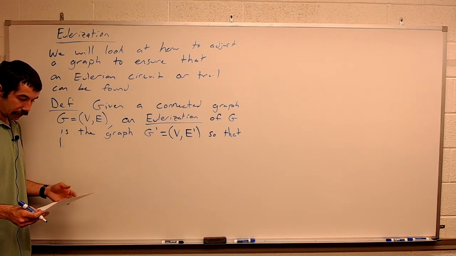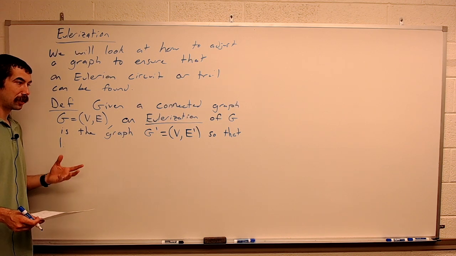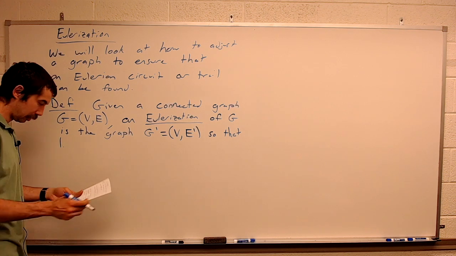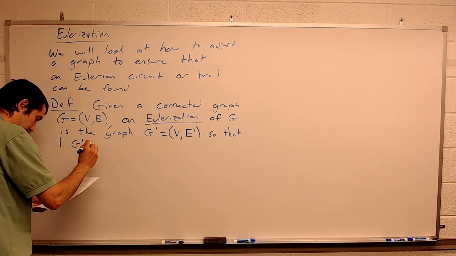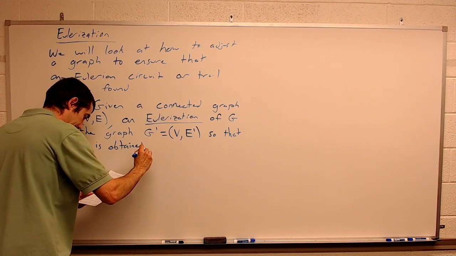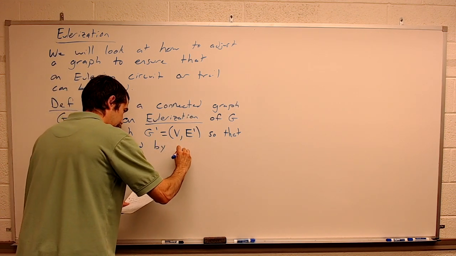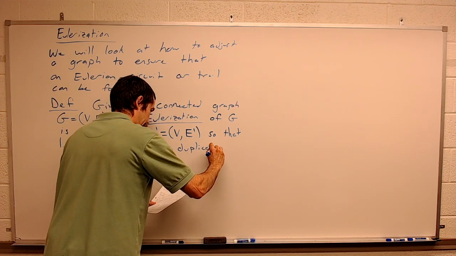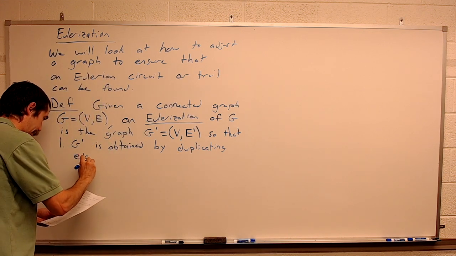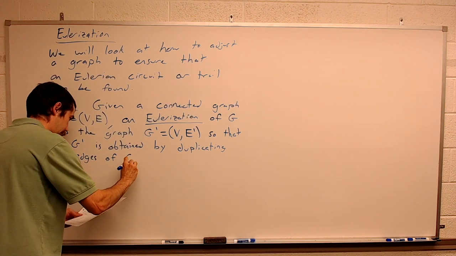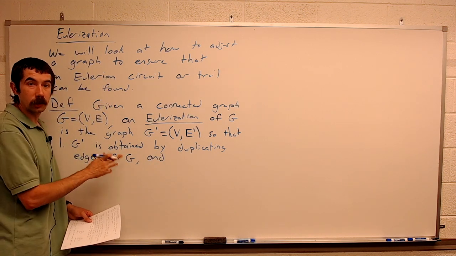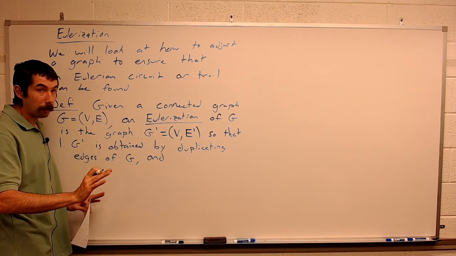The first condition is that G prime is obtained from G. So we start with G, and we're going to duplicate some of the edges of G. We can't add any other ones.